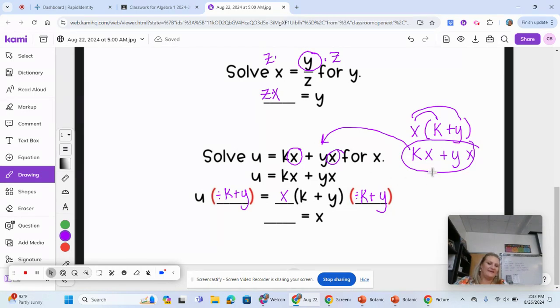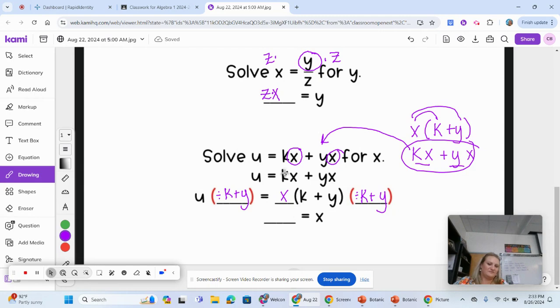The reason that I'm taking out the x is because the x goes to both of these, right? So I can take the x out, because then I can easily see that I can divide by x to get the x on the other side.